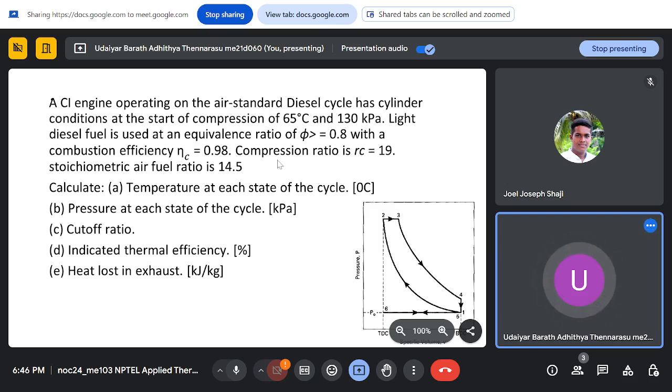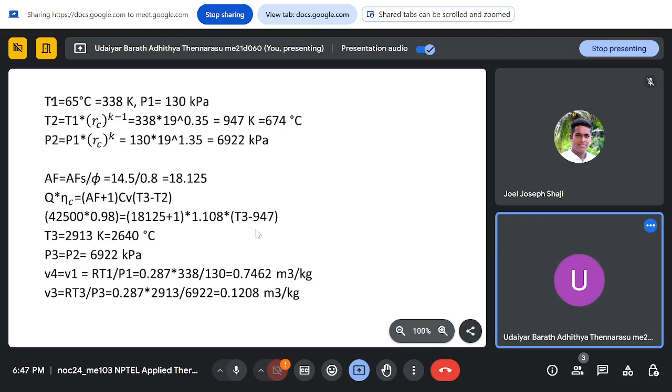Similar to the previous problem, instead of directly giving an air fuel ratio, they have given it in terms of equivalence ratio and stoichiometric air fuel ratio, so indirectly they have given the air fuel ratio. Similar to the previous one, we have to find the temperature and pressure at each of the state points. C, you have to find the cutoff ratio. D, indicated thermal efficiency, and E, heat lost in exhaust. So we will see how to solve this.